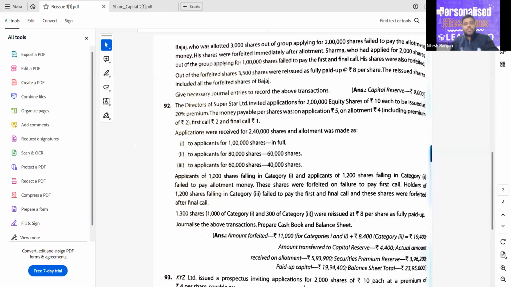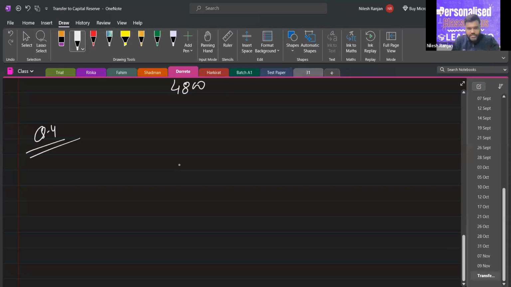First of all, there are 3 categories. Total applicants are for 2000.